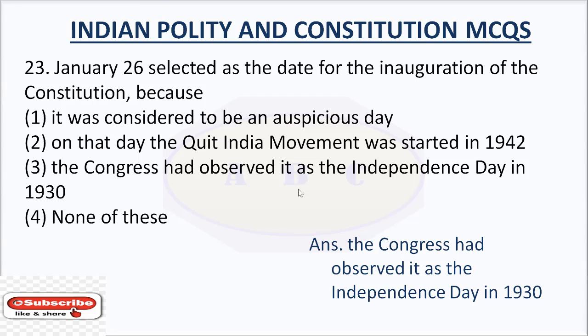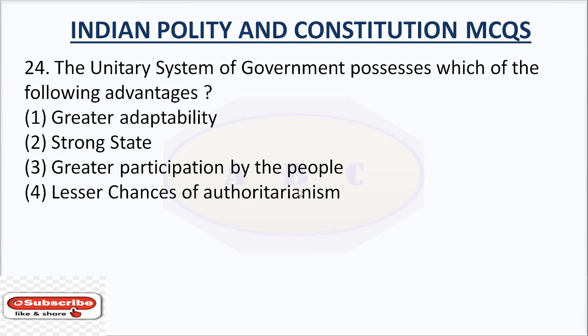The day January 26 was chosen because it was this very day when the Purna Swaraj resolution was made in Lahore in 1930 and the first tricolor of India unfurled.